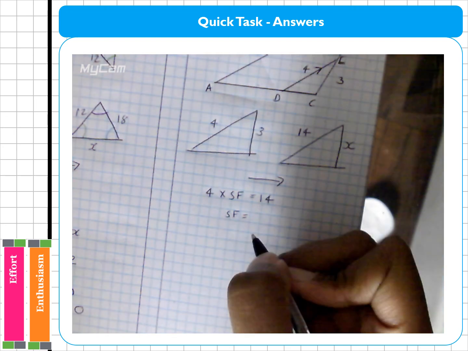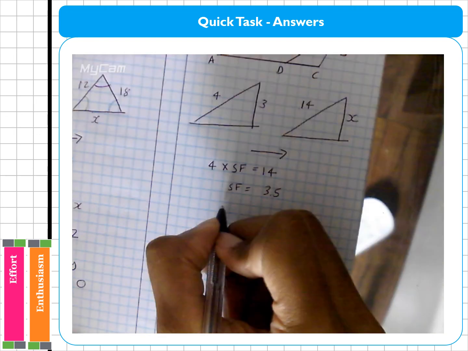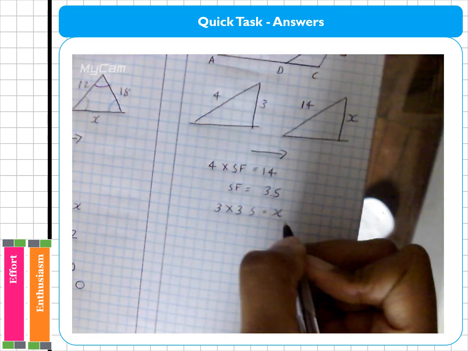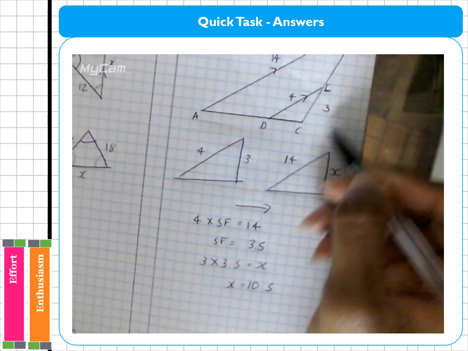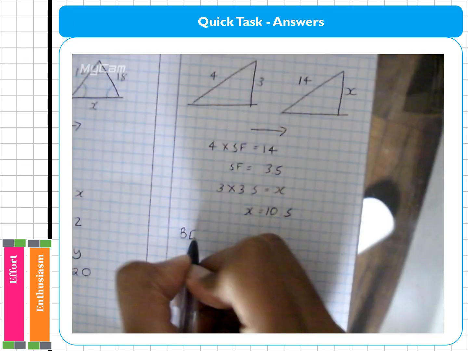I therefore know that 3 times 3.5 has to give me x, which gives me an answer of 10.5. Having a look back up to the question, if I know that this full length here is 10.5 and I've used up 3, I know that BE, so that missing bit, must just be 10.5 take away 3, which gives me a final answer of 7.5.